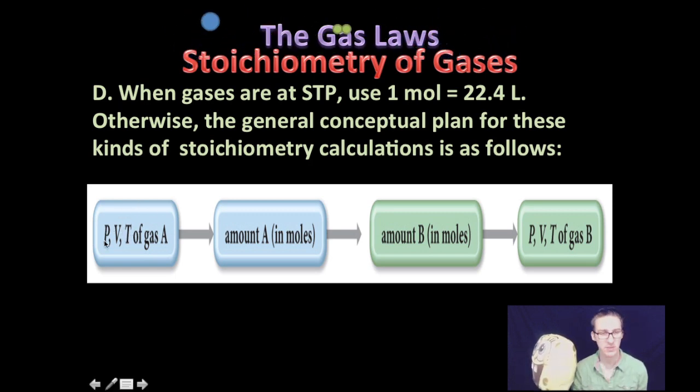Note that if you're given pressure, volume, and temperature conditions of a gas, reactant, or product, just convert it to moles using the ideal gas law. Then compare it using your balanced chemical equation to figure out the amounts of the other reactant or product. If that other reactant or product is a gas, you can use the ideal gas law again to determine either the pressure, volume, or temperature of that second gas.